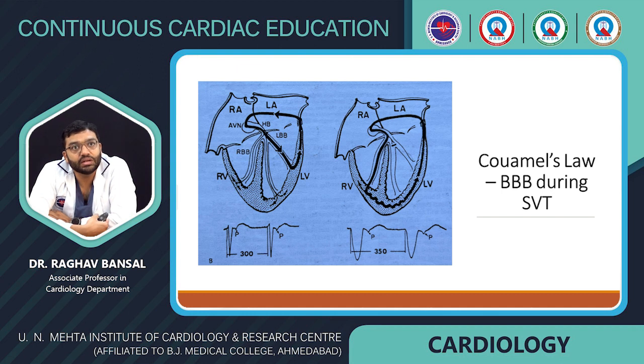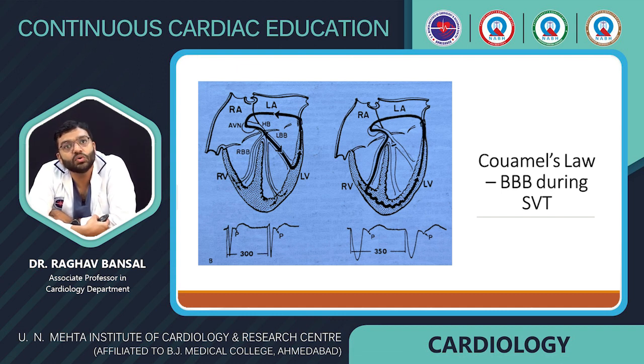So there is an AVRT going on through a left lateral accessory pathway, where the conduction is happening down through the His bundle, through the left bundle, through the lateral wall of the left ventricle, which then goes up through the lateral accessory pathway, goes to the LA and completes the circuit. Now, if due to fast activation there is a left bundle branch block aberrancy and the left bundle gets blocked, the tachycardia circuit becomes longer.